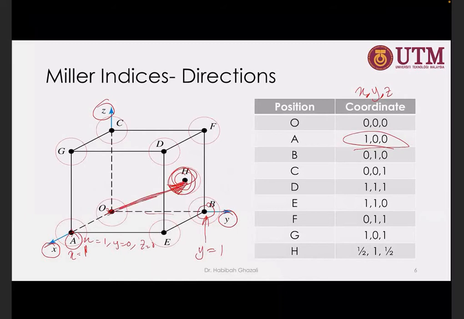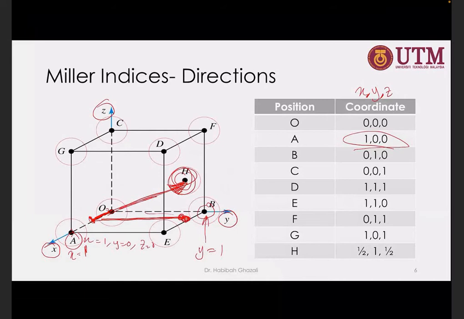Okay, so this point, to the H direction, if we can draw based on the xy, if we can move step by step from x, y, and z, you can see that it's moving half in the x direction, and then all the way through to the y direction until this.